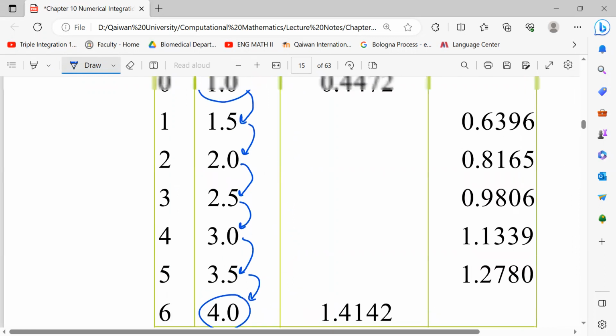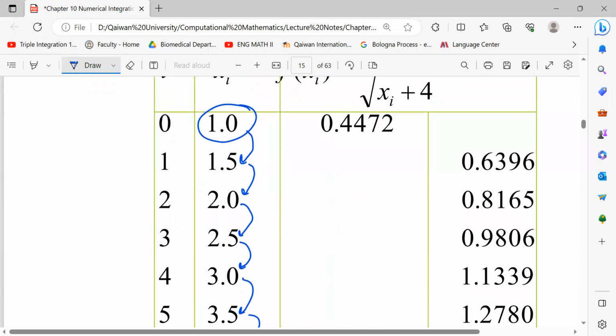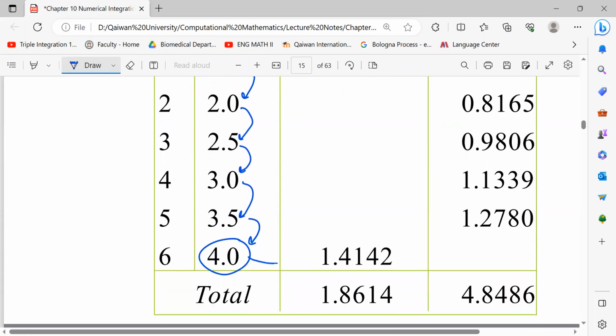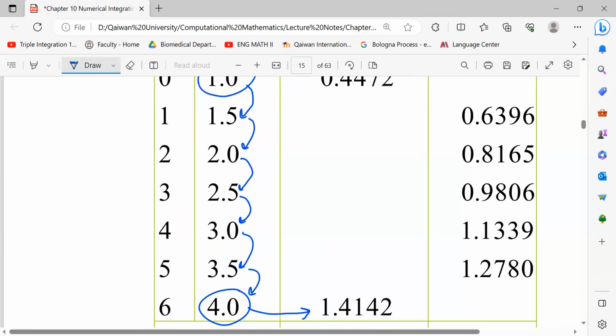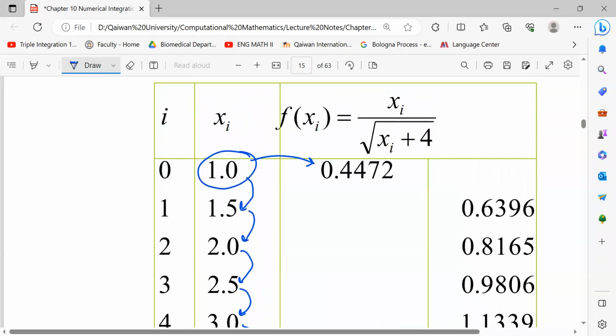Now, what we do, we said the first one and the last one, we just evaluate them into the given function.